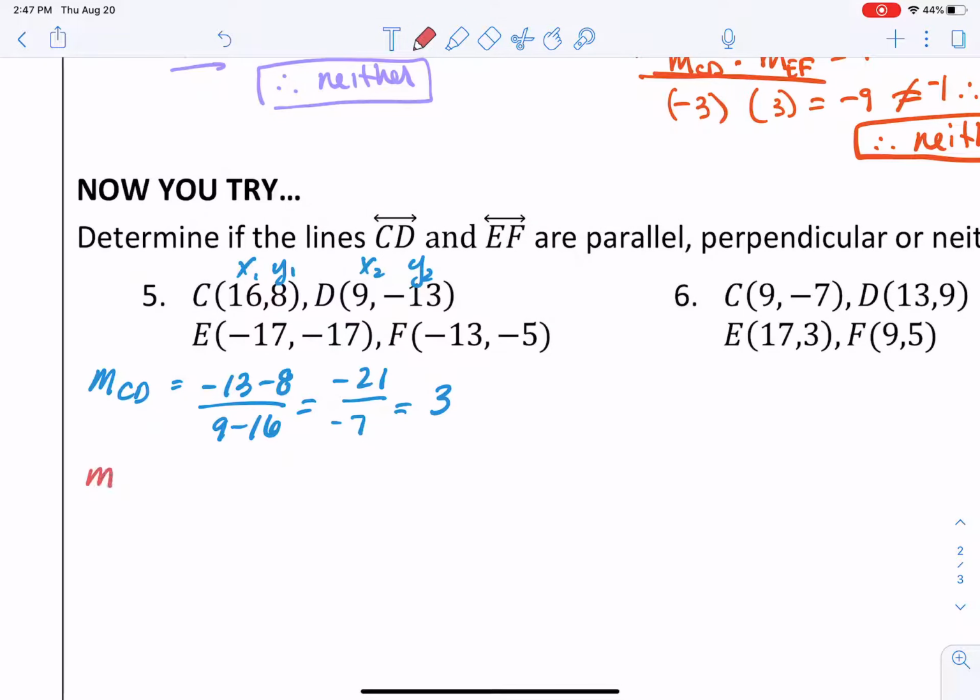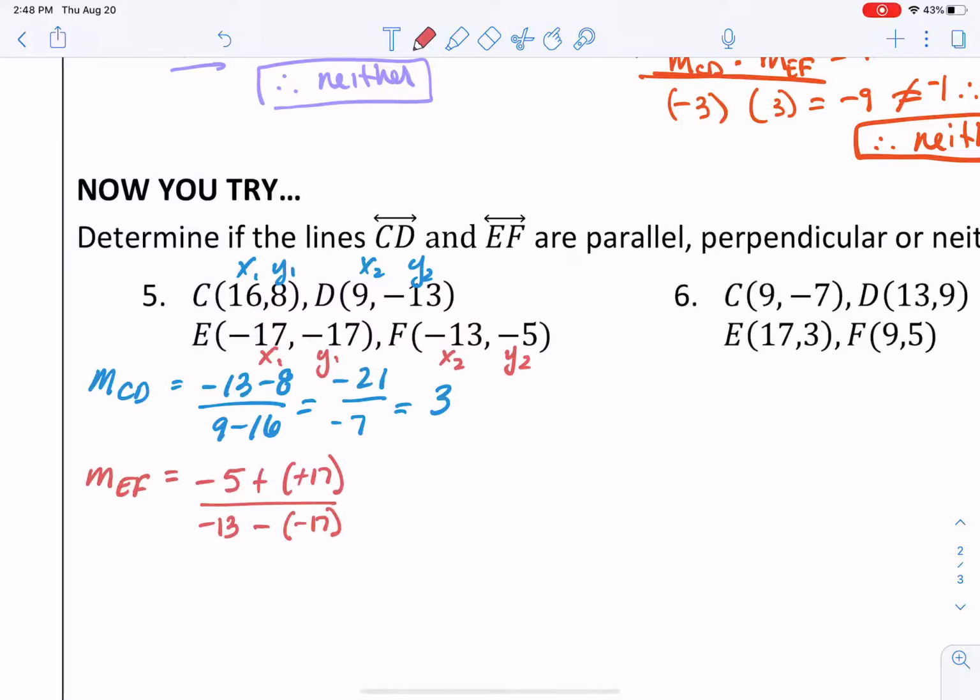Then we have the slope of EF. x1, y1, x2, y2: negative 5 minus a negative 17 over negative 13 minus a negative 17.